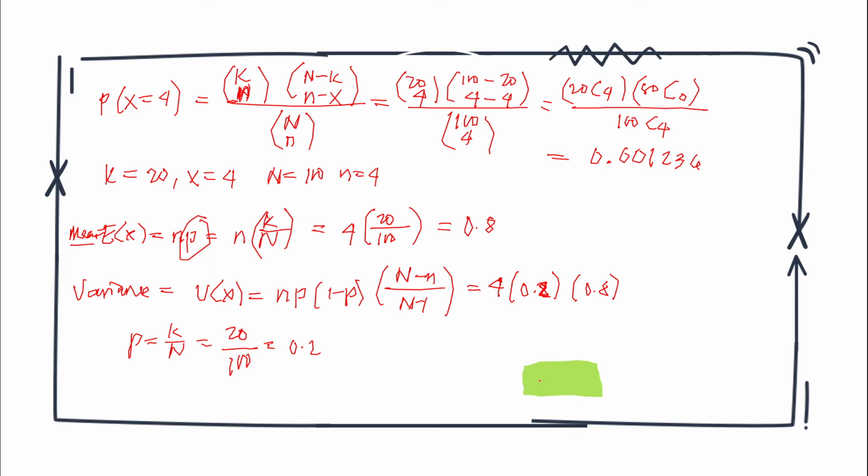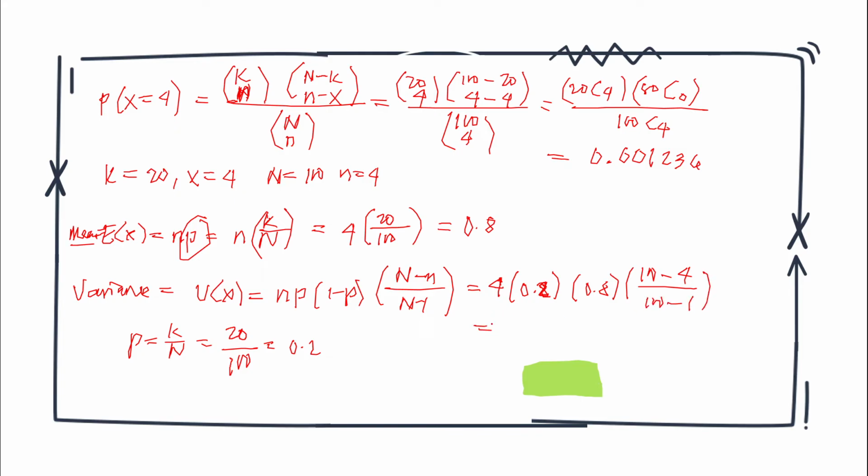Our n is equal to 100, minus n smaller, which is 4, over n minus 1, which is 100 minus 1.